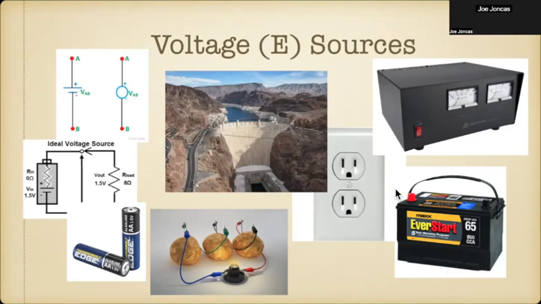Here's a battery which can also provide power to our equipment. And here are a couple symbols for power sources. Here's a battery and here's a power source. This could be either AC or DC. And of course, here's a schematic representation. And here are a couple AA batteries. And then I love this one, the potato battery.